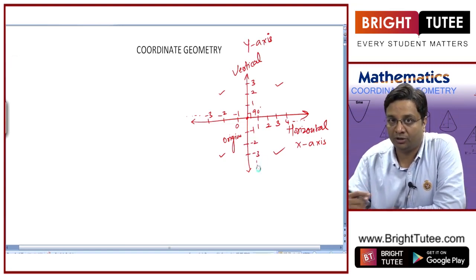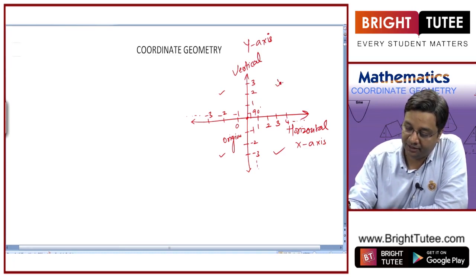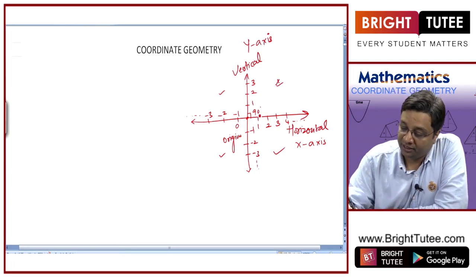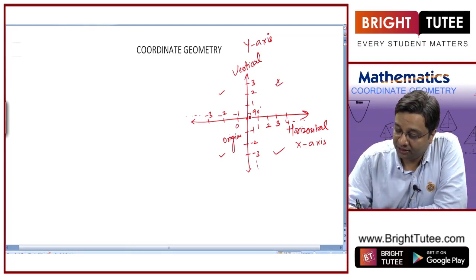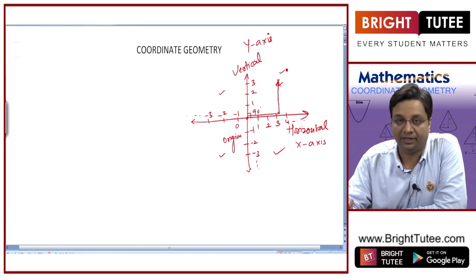So what are coordinates? Let us say you want to reach some point here, right? So how do you define that point? You define that point by how much distance you have to cover in this direction, and then how much distance you have to cover in this direction, so you can reach this point here, right?